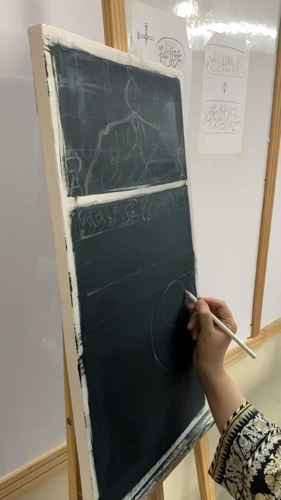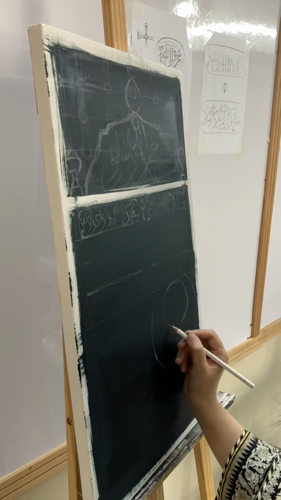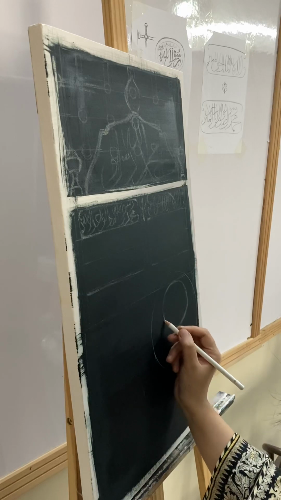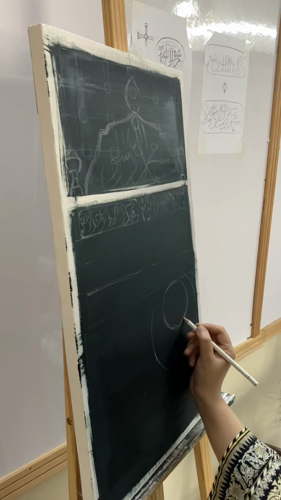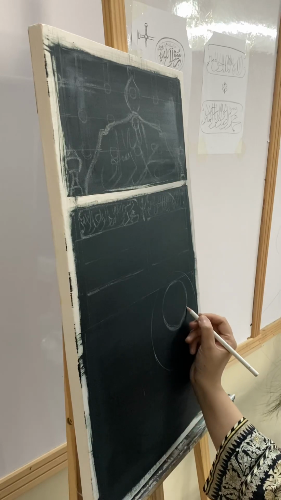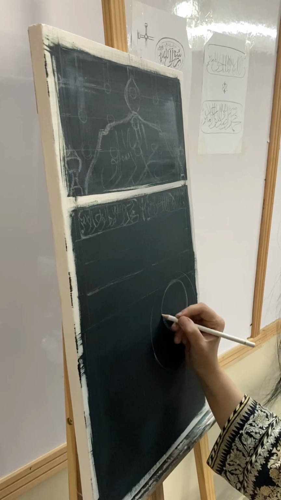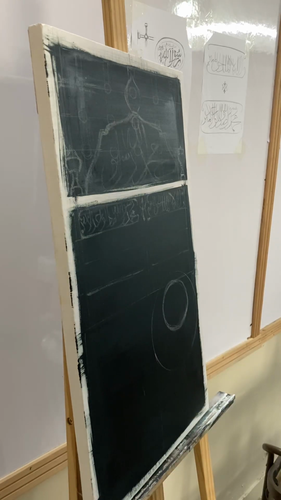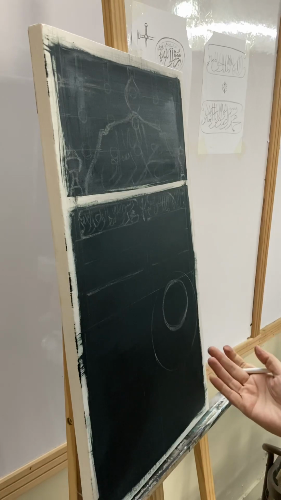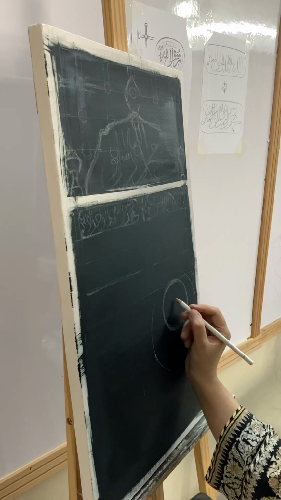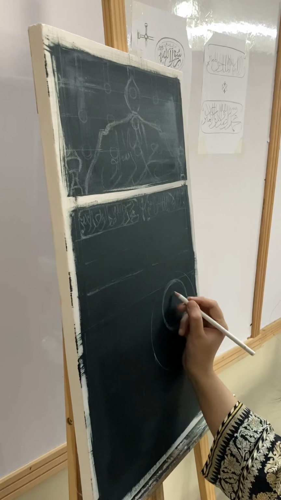Different kitchen tools will really help you to make the circle. You have to be careful because it might compress your canvas cloth, and it will be very difficult for you to work then. I hope I did a good circle. I was doing guesswork here right now.